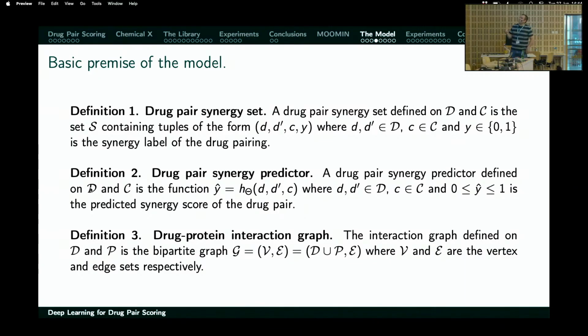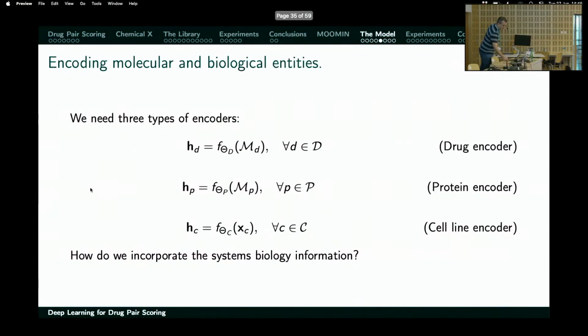And we are going to have this drug-protein interaction graph where we have a node set that is the union of the drug nodes and the protein nodes, and we have edges between them. That's what we will start with. And again, we will use a data set that we collated in AstraZeneca from external sources, but we also have internal sources for this based on certain types of screens. We know what binds to what. Okay.